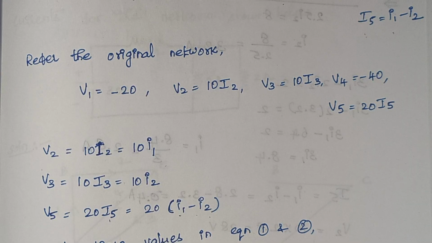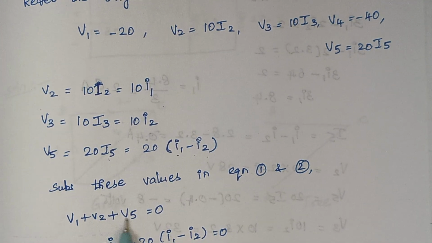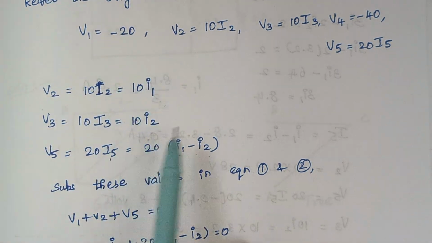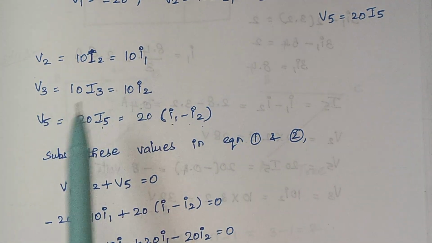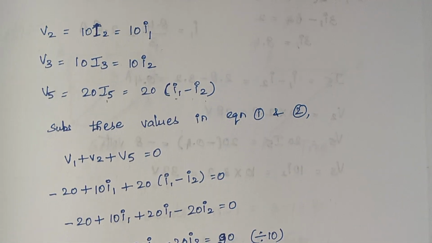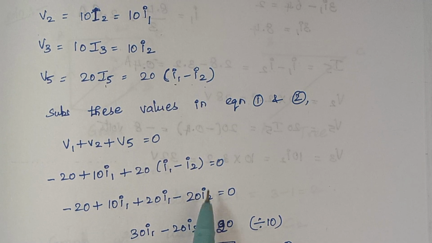Now we are going to substitute these values in equation 1 and 2. So this is your equation 1, V1, V2 and V5. So we know all these values, so just substitute. V1 is minus 20, V2 is 10 I1 and V5 is 20 into I1 minus I2. So when you simplify, here it is minus 20 plus 10 I1 plus 20 I1 minus 20 I2 is equal to 0.